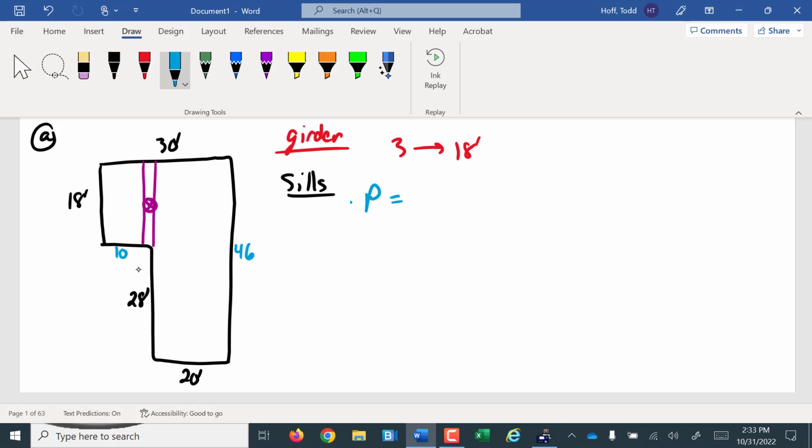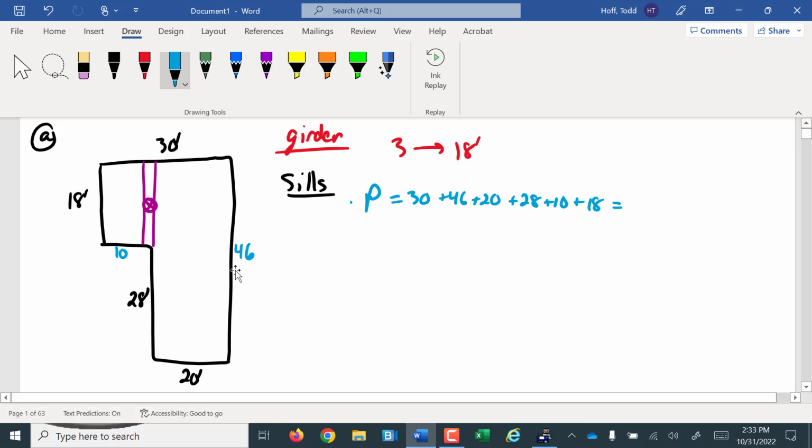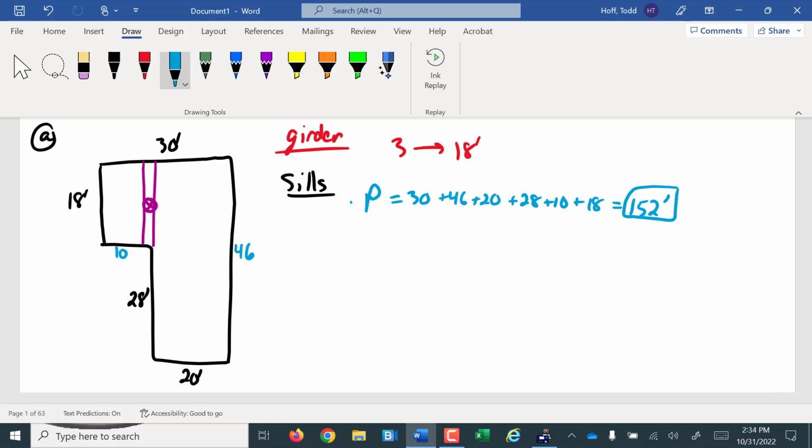So if I add up all those sides, 30 plus 46 plus 20 plus 28 plus 10 plus 18, what is that? 152 feet of sills. Whether that's 2 by 6, 2 by 8, 2 by 10, whatever you decide to use for it. Treated, of course. Any questions on that part?